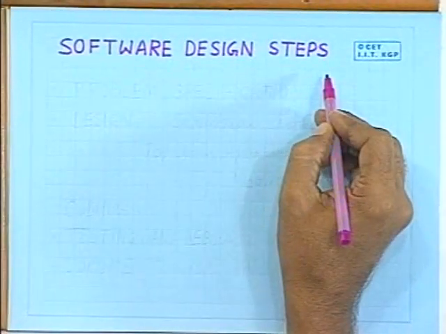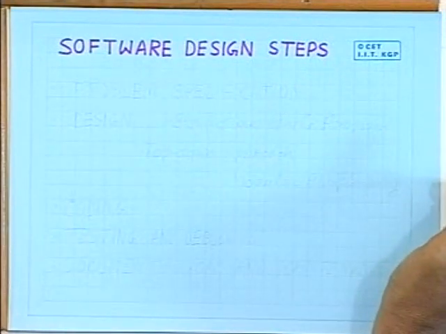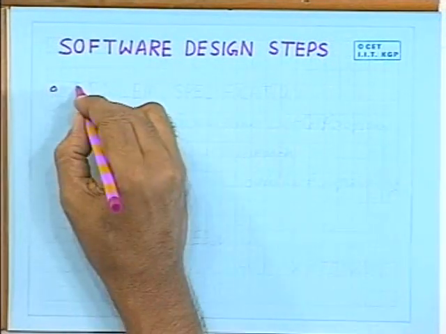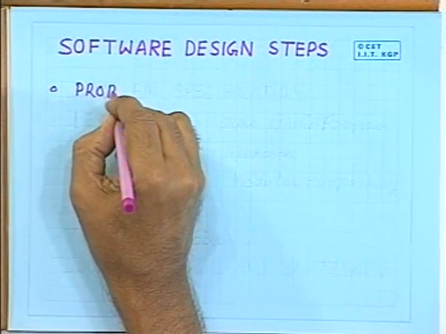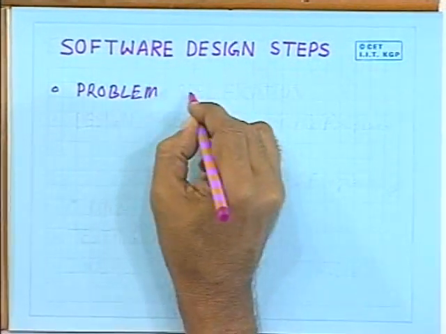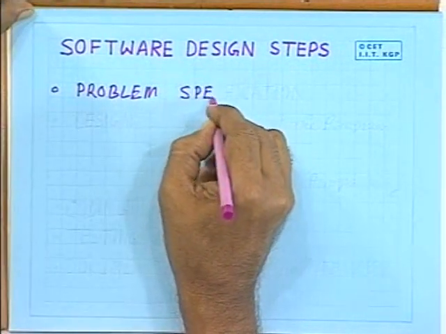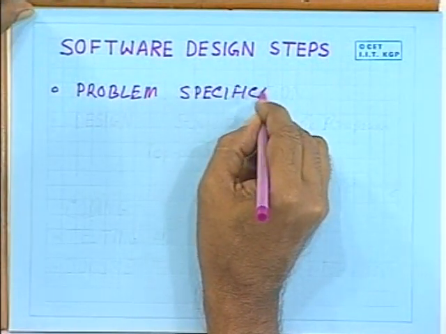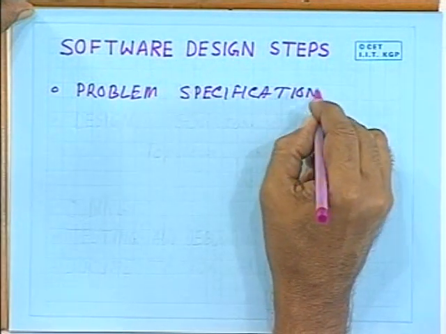So we can call this software design steps. Software design steps start with problem specification. Problem specification is a very important step, and in this step you have to specify the problem in a very unambiguous manner, so that the problem is clear and you can write the algorithm or the next steps, and in the way you will implement it.